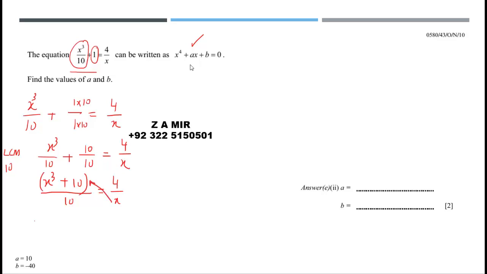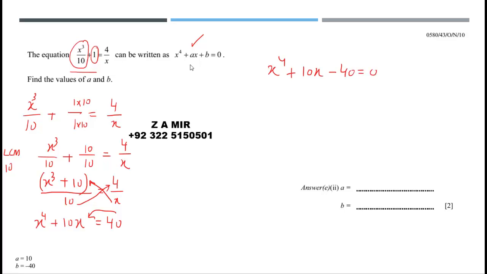It will become x power 4 plus 10x. Then I will multiply this 10 with this. It is 40. So now I will bring everything on the left side, 40 over here. So it is x power 4 plus 10x minus 40 equal to 0.